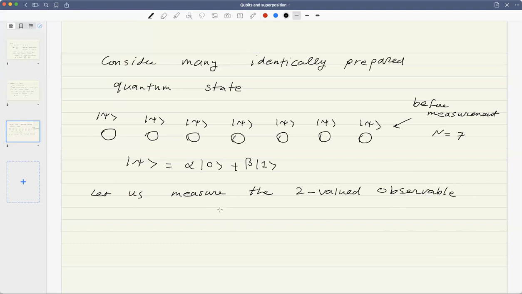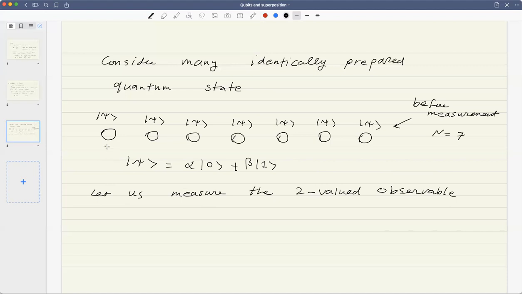So it turns out if you do that, even though these bits are supposed to be identical, you prepared them in exactly the same way. For some of them, after the measurement, we're going to find 0. For some of them, we're going to find 1. And that seems to be quite random and stochastic. It seems there's some probabilistic nature.